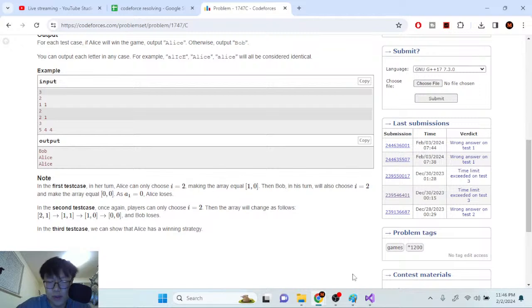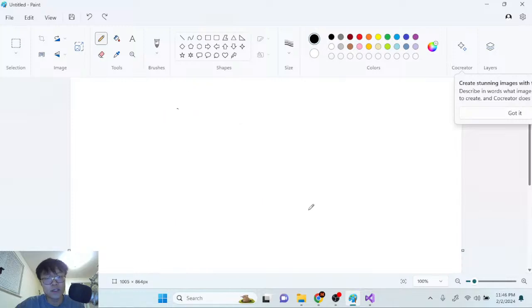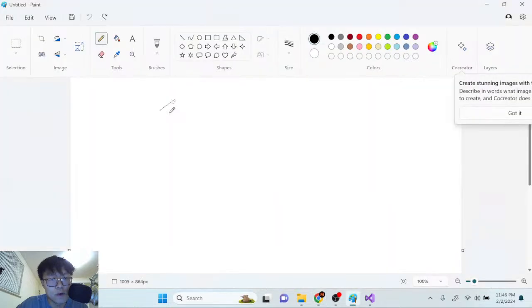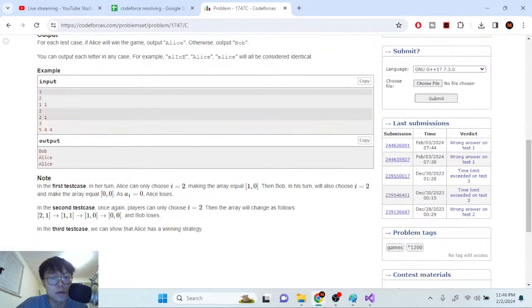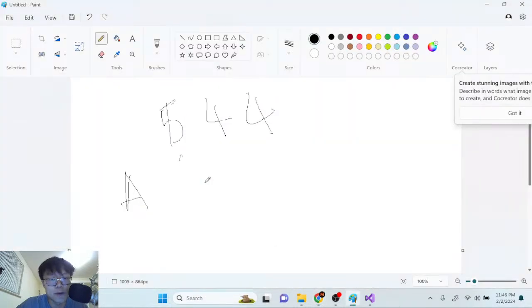How do you get Alice to win for the third one? Like, what is the optimal scenario for this? Like 5, 4, 4. Alice's turn. Remember, we decrease A1 by 1. Yeah, so we decrease this by 1, so we get 4. We swap it with 4, we get 4, 4.